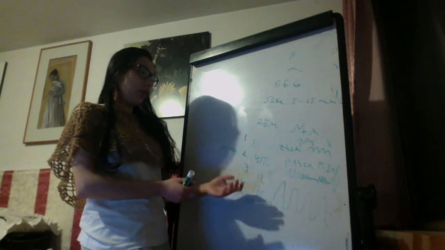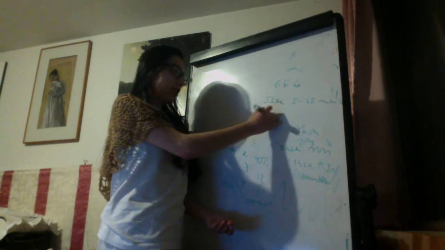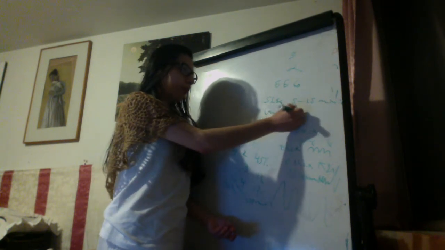Now we have the REM stage. REM stage occurs every 90 minutes, so the REM latency is 90 minutes, and the duration of REM increases as the night goes by.